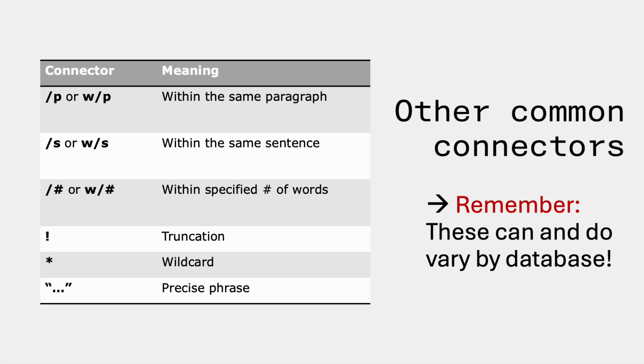You could use a wildcard. Advisor is a good example: you could use that wildcard where the E or the O stands, and then you're picking up the word advisor whether it's spelled with an O or with an E. You're using quotation marks for precise phrases.